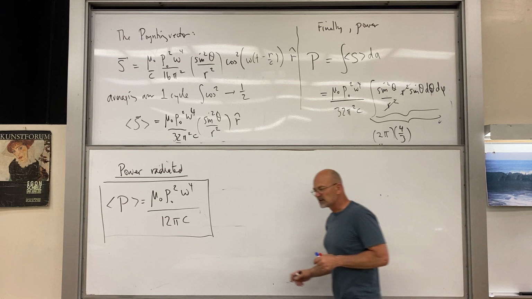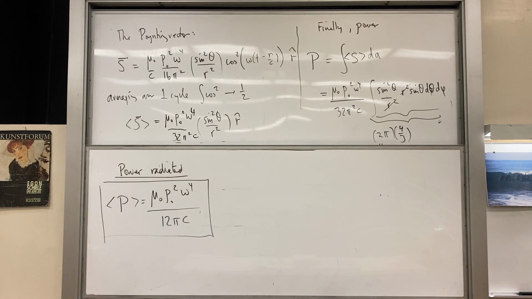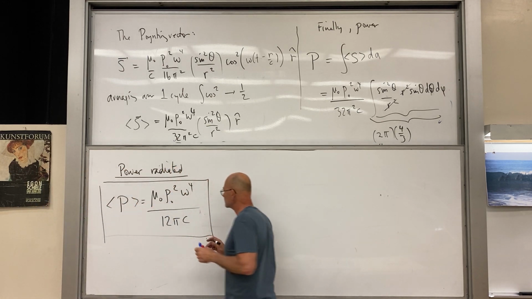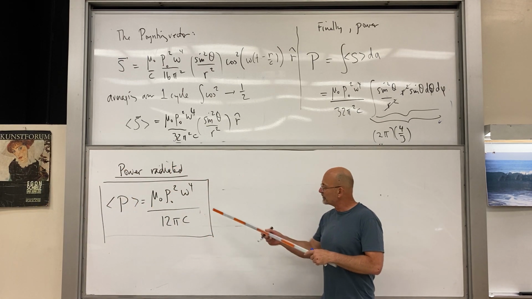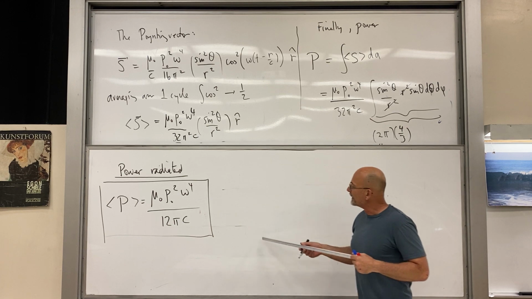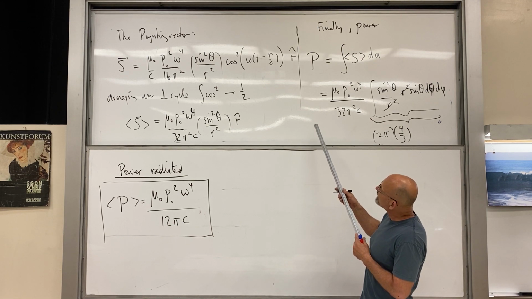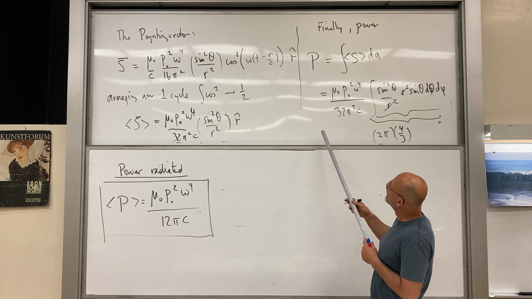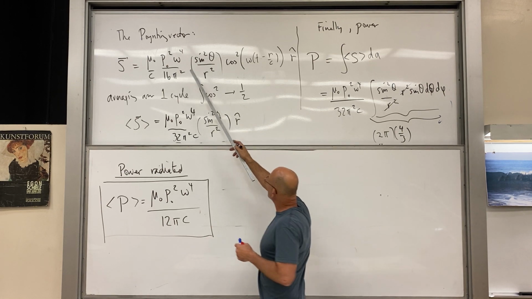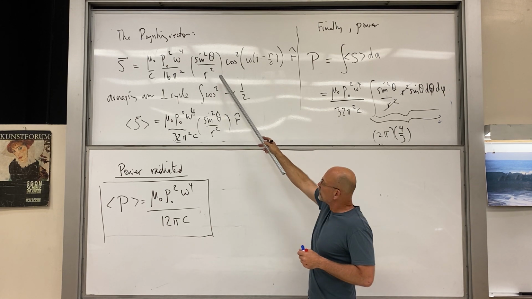I'm going to consult the clock once more. One more thing I want to discuss about this. So there's the famous power radiated by a dipole. We already saw by studying the fields, and we see it in the Poynting vector as well, that it's strongly direction dependent.